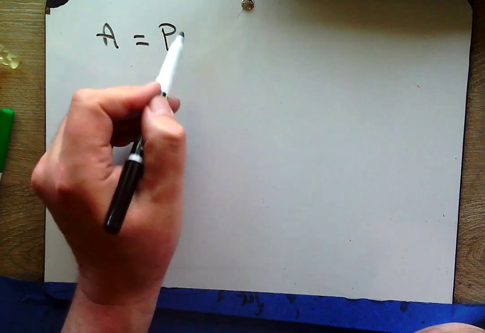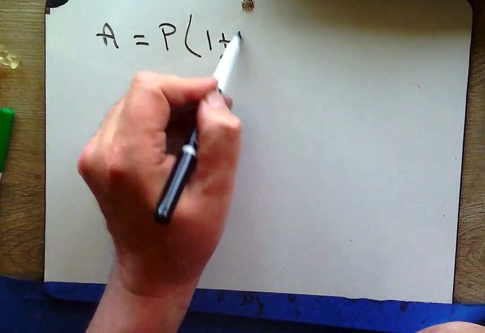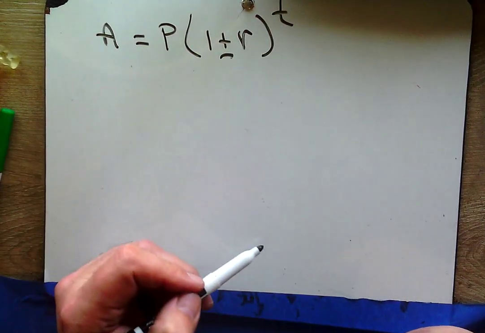Okay, that's the first half of this video. The second part is I want to consider some word problem formulas. You're going to see these formulas throughout the rest of the unit. This one is the most basic.